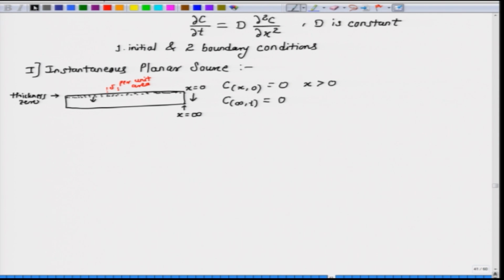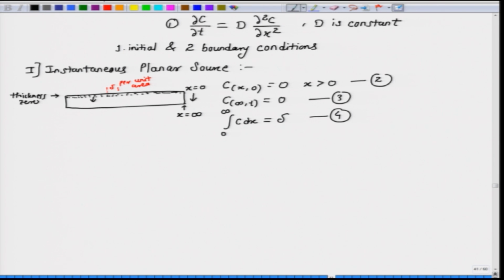So, at any given time the total quantity, if we look through the entire thickness of A, it should remain constant equal to delta, right. So, if we integrate C dx from 0 to infinity, that should be equal to delta, right. So, we have equation 1 based on the initial condition 2 and the boundary conditions 3 and 4.